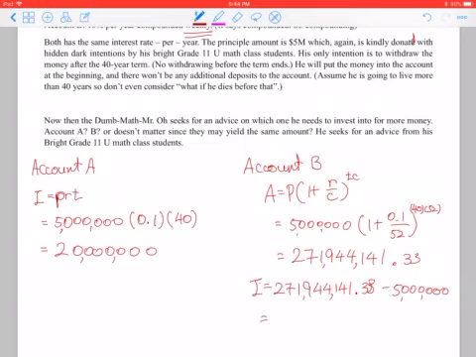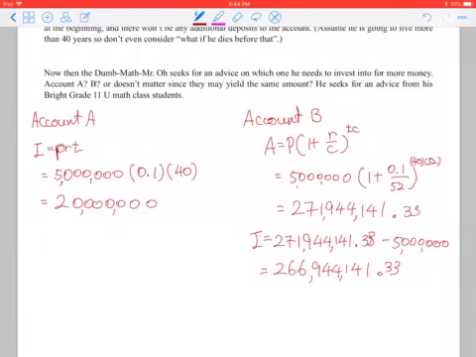And that gives me $266,944,141.33. So, if you do the math, which one's bigger?